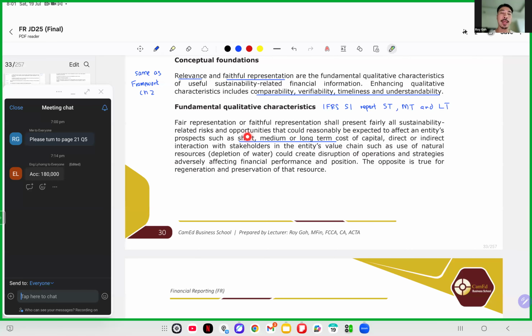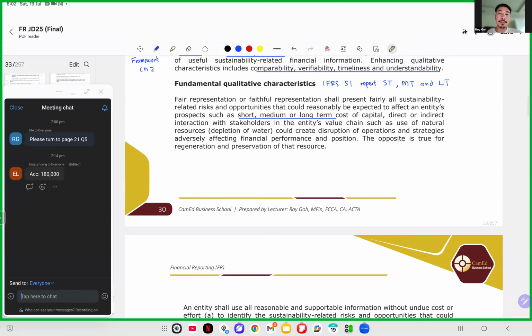If you're not sure, it's okay. Short-term, medium-term, long-term. So far all clear? Okay. So this one, I'll let you read. Example. If I have lost the use of water, I am not sustainable. So I report bad news.